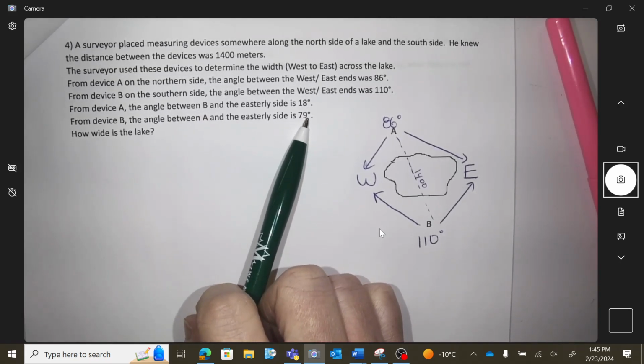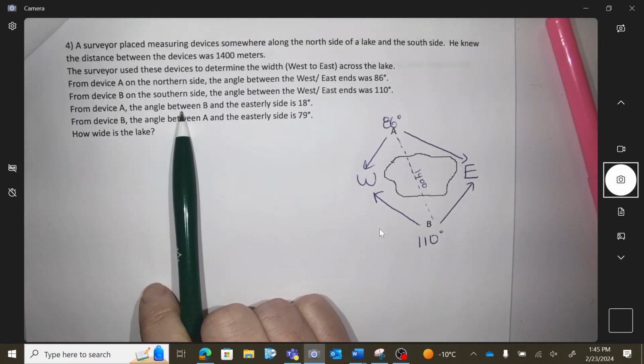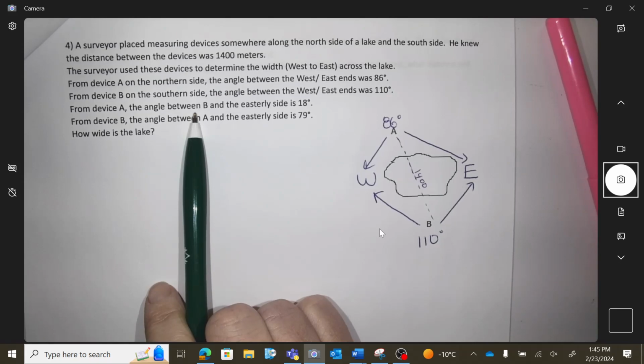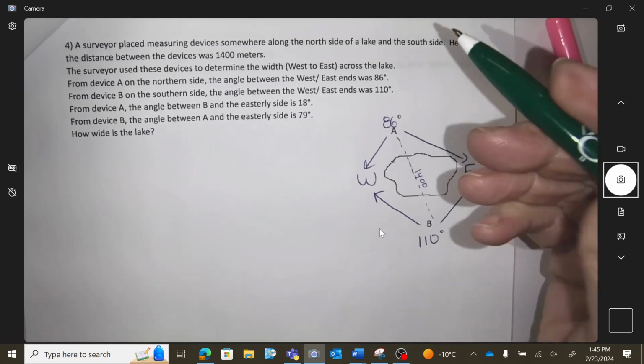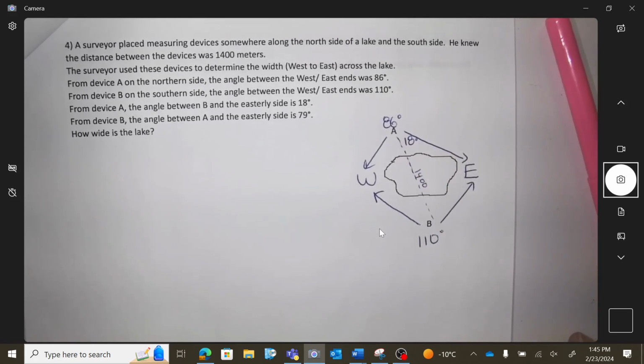Where do you put 18? So you are at the A corner, and you're looking from B to the east, and it's 18. When you pivot your head from B to the east, it's 18. Did you put it there?